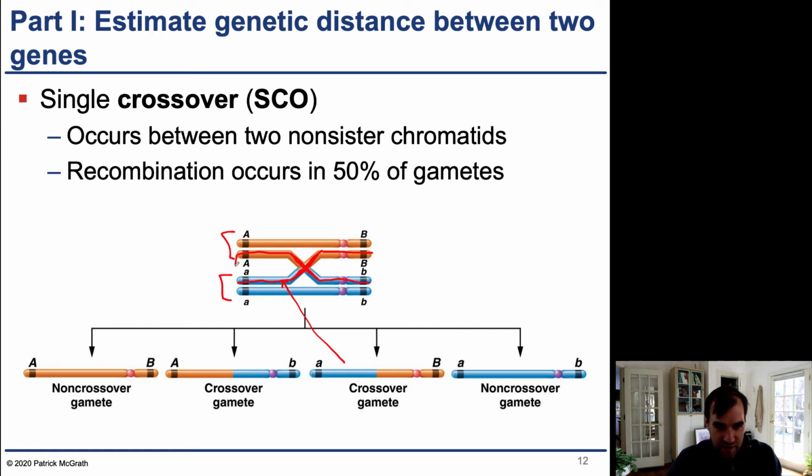So this guy right here would create this gamete right here. This top chromatid, because it does not have a crossover, simply goes all the way to the end. So this is one of the non-crossover gametes that get produced. And similarly on the bottom, there's a gamete that would be produced that results from a non-crossover as well.